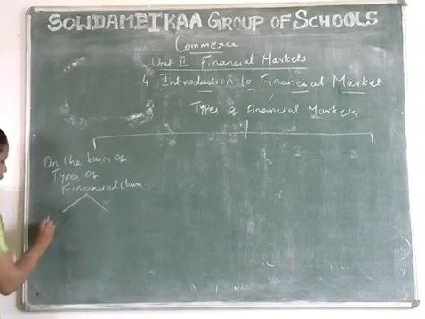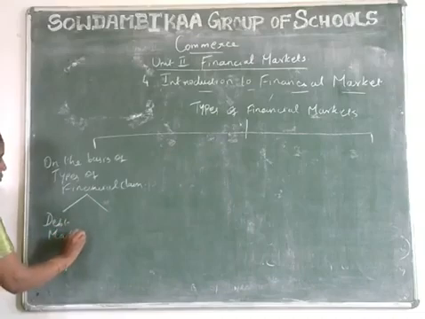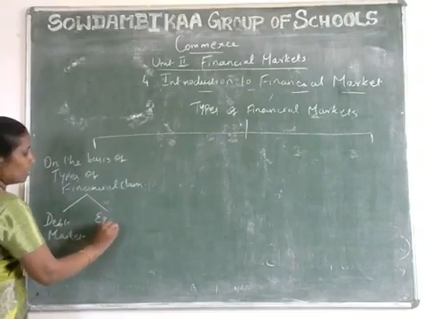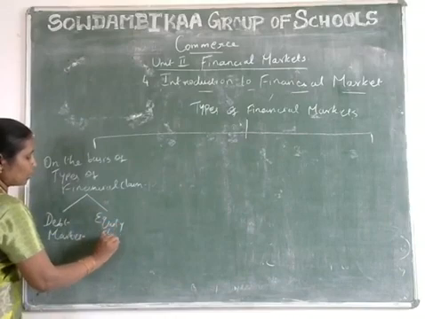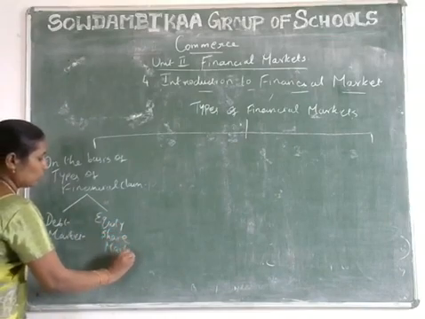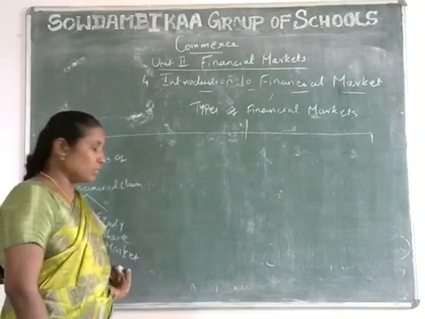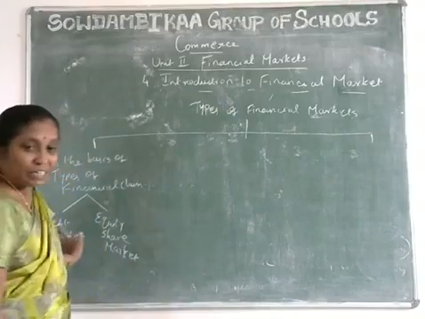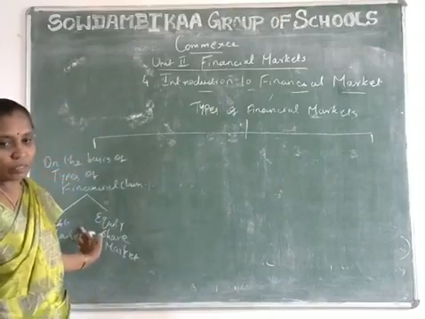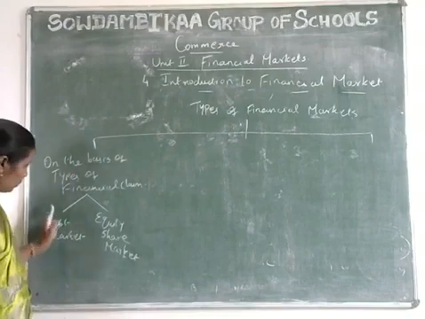Number one is debt market. Another kind is equity share market. So what is meant by debt market? Debt means a loan. So debt instruments are traded in the debt market.